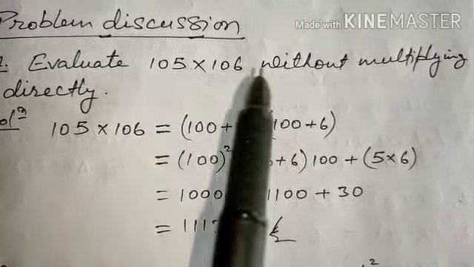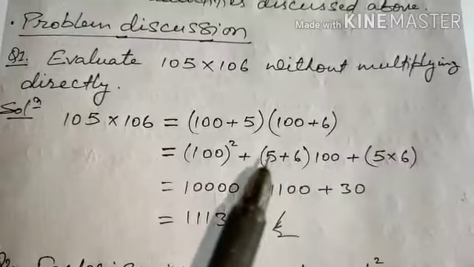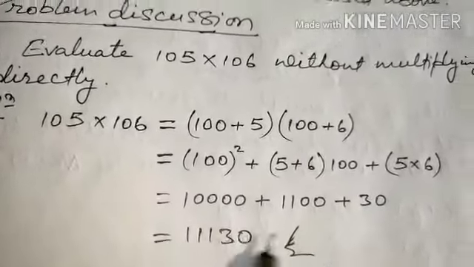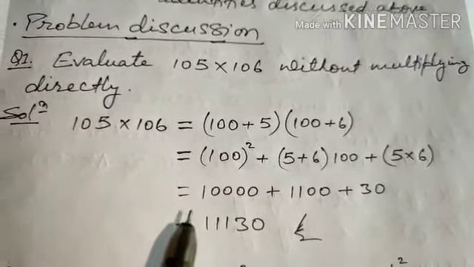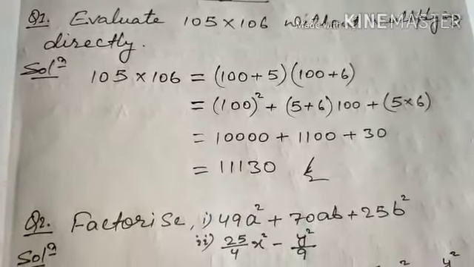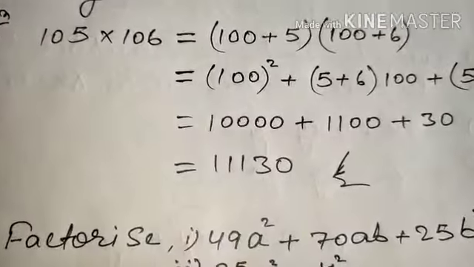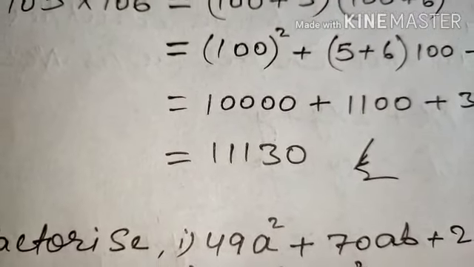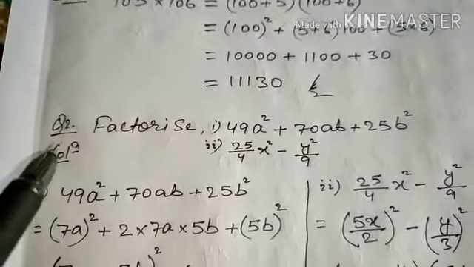Now just put the formula: x square plus (a plus b) into x plus a into b. The value of x is 100, so we substitute 100 as x: 100 square plus (5 plus 6) into 100, and then a into b, that is 5 into 6. Now it is very easy for us to solve this question, and at last we'll get 11,130.